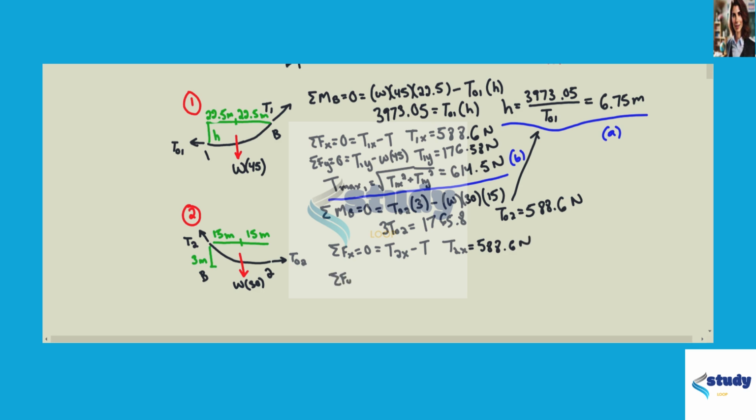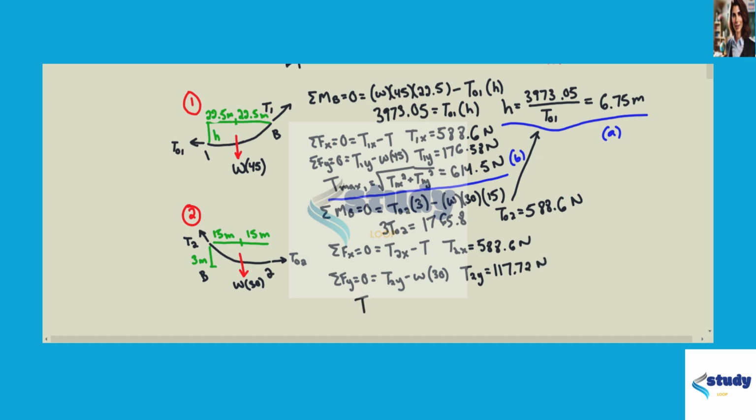The sum of forces in y equals 0. This equals T2y minus the weight per unit length times 30, which is half of the total length of this cable. So T2y is 117.72 newtons.